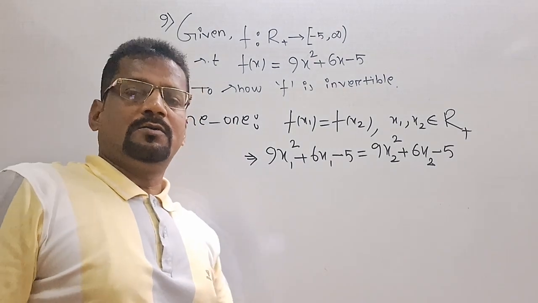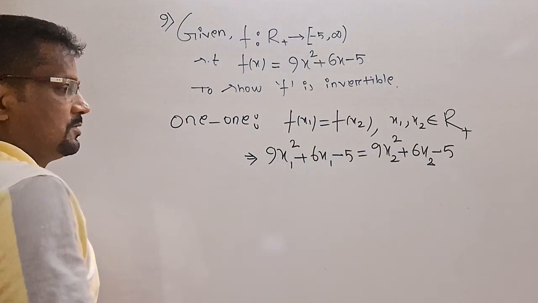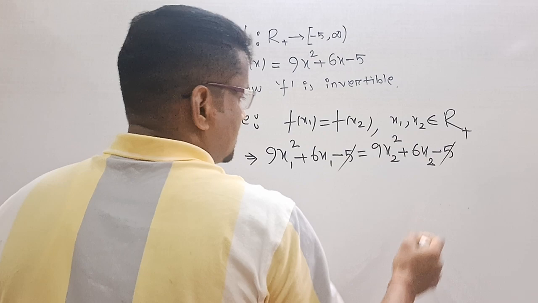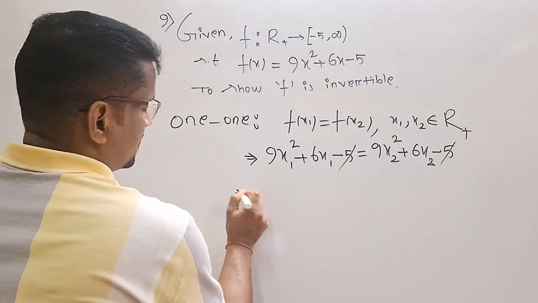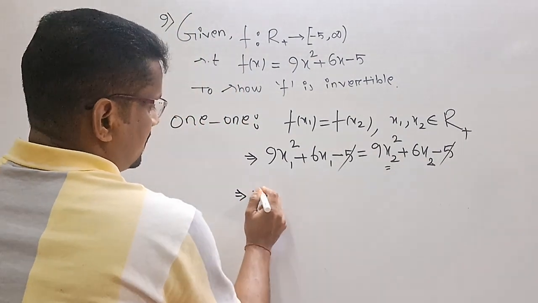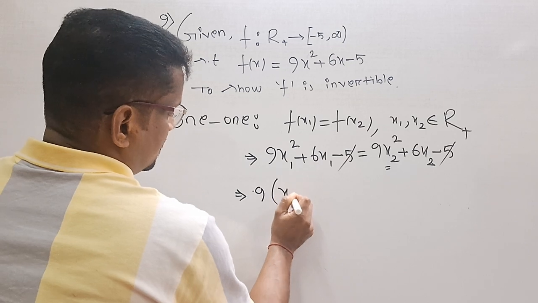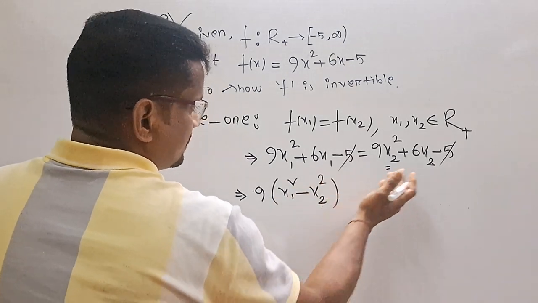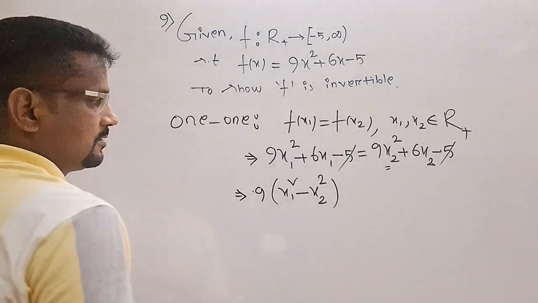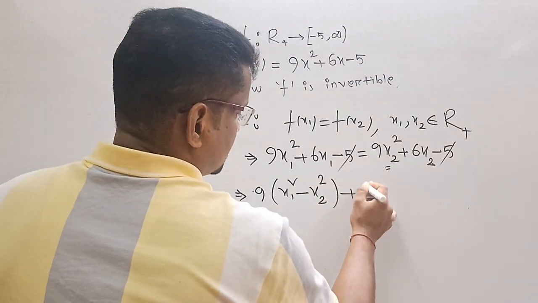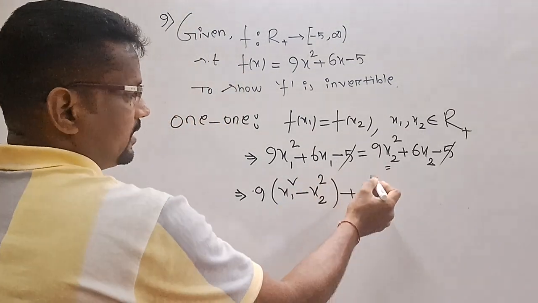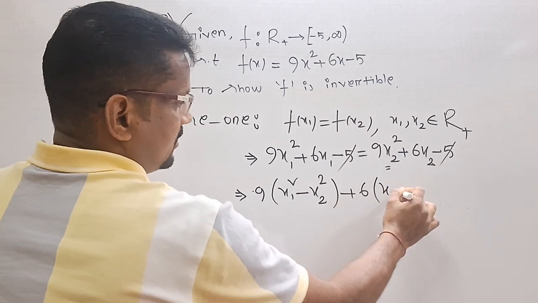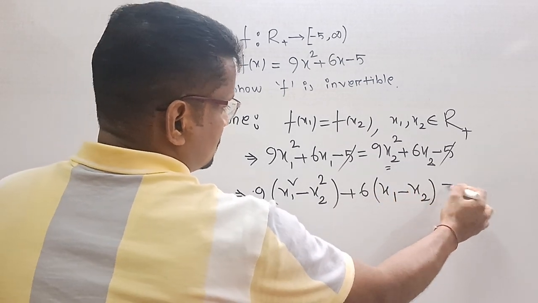Now the rest of the part is simplification. From here you have to show x1 equal to x2. So for that these two cancel out. Now what do you get? Let me take 9 common, you will get x1 squared minus x2 squared, taking this to the left hand side, plus 6 common, x1 minus x2 equal to 0.